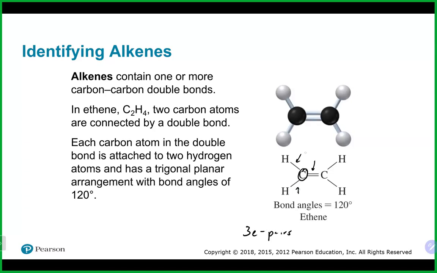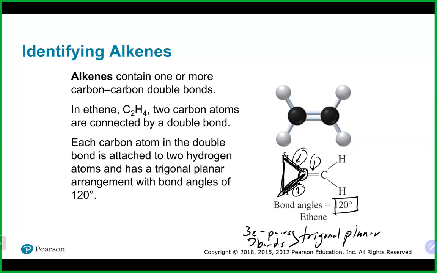And we also have 1, 2, and 3 bonds. That is our trigonal planar or triangular geometry, which has a bond angle more of 120. And you could see the triangle happening there. Same thing on the guy on the other side. He's got the same geometry.